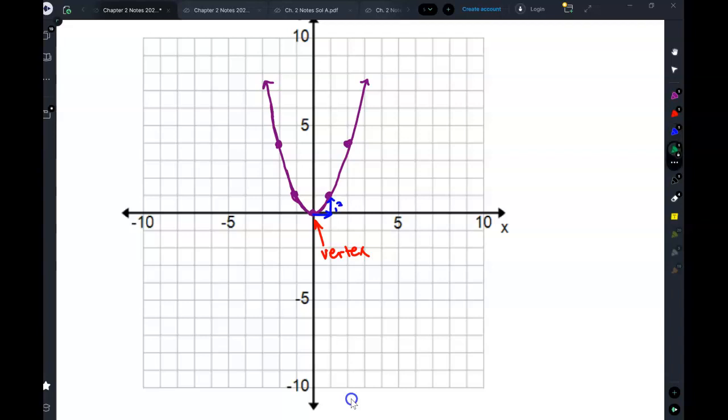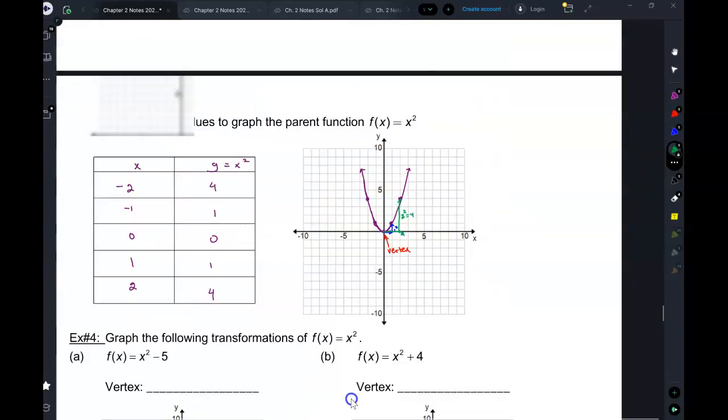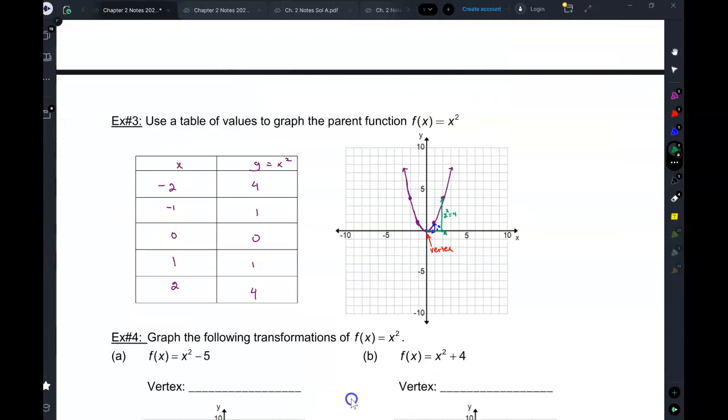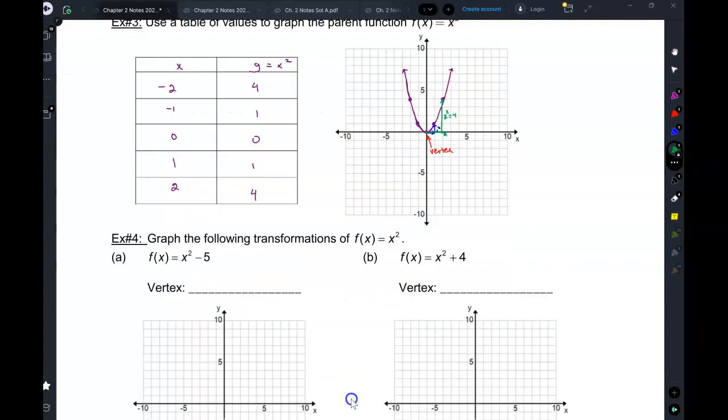Now, from the vertex, if I go over 2 units, then I would go up 2 squared, which is 4. Exactly. So if I go over 3, then I would go up 9. And if I go over 4, then I would go up 16, and so on. So that's how we can graph a parabola more efficiently if we don't want to do the table of values.